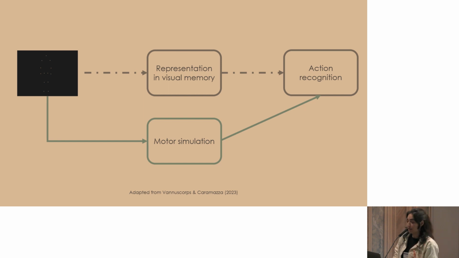For this talk, I don't want to enter into too many details, but the idea is that motor simulation could contribute because it allows observers to retrieve information about what action this movement allowed them to produce when they carried them out, or because it allows them to maintain the perceived body postures and movements in memory.